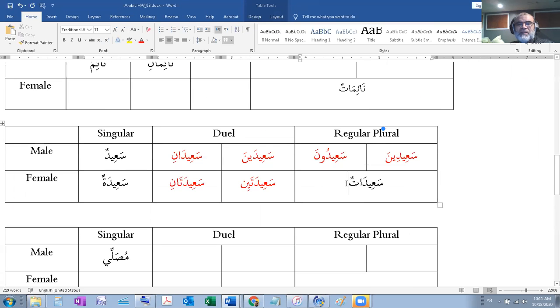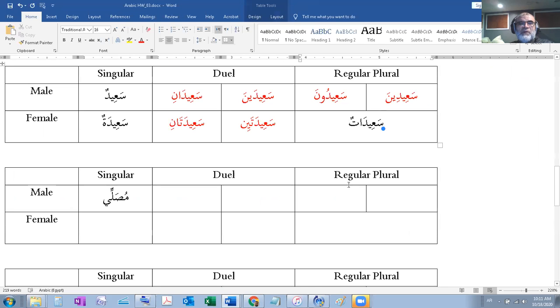So we can have tanween. Now, any noun that has alif lam, tanween is not possible. Alif lam and tanween do not come in the same word. So if I say saidatu, if I take saidatu like that, then I cannot have tanween. Tanween is not permissible.